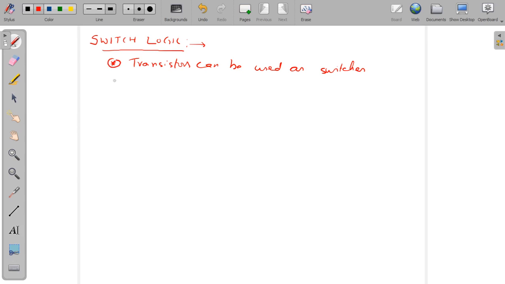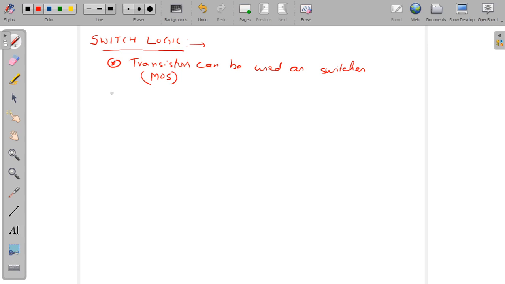In this VLSI course, most of the time we will be using MOS transistors. We will not talk about BJTs, but rather design the circuits using MOS.